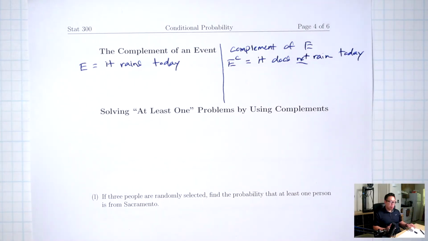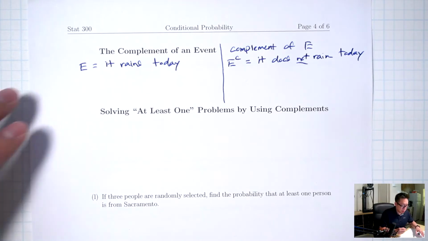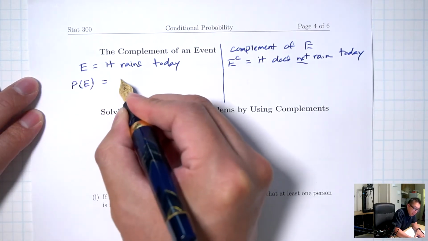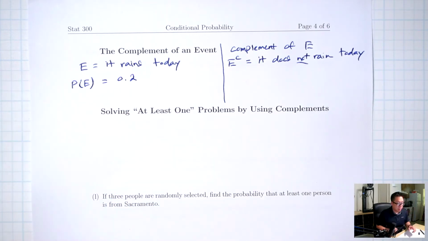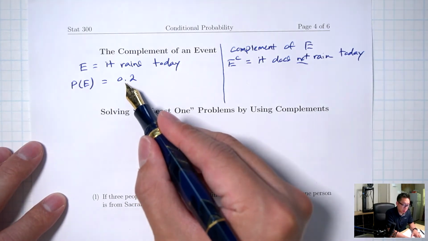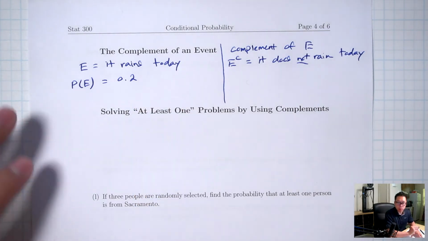And now let's talk about some probability. Say I know that the probability of it raining today is 0.2. And that's as a decimal. If you prefer percents, 0.2 as a percent would be move the decimal 2 to the right. It'd be 20%.